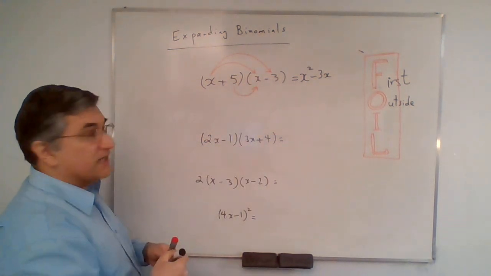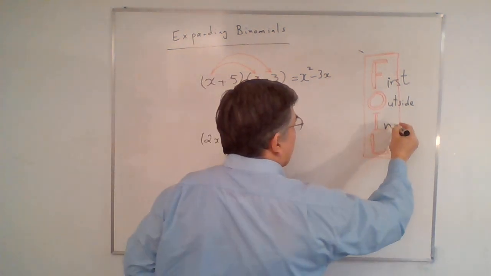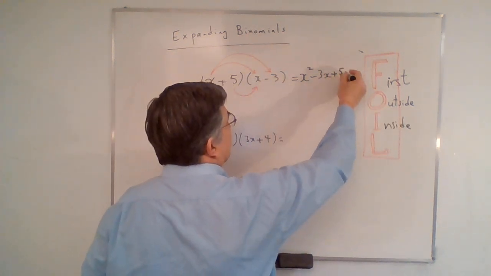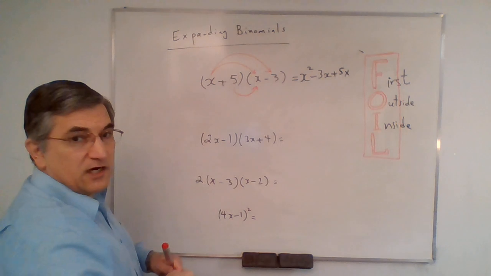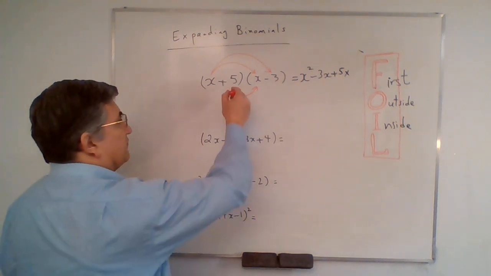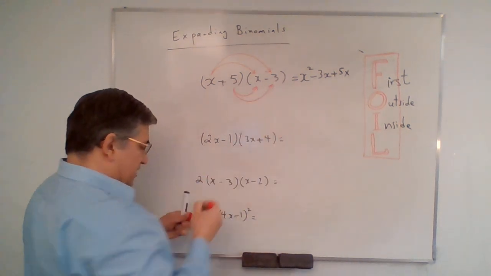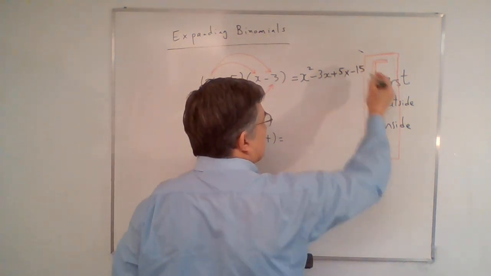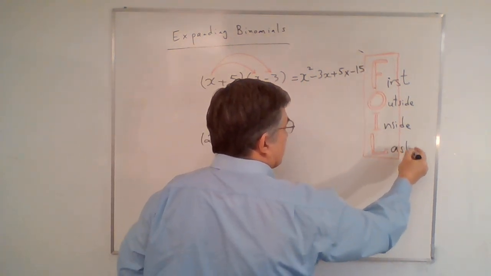These are called inside terms, and that would be 5x, right? And finally, I multiply the last terms. So 5 times negative 3, that is going to be negative 15. So that is, of course, the last terms.